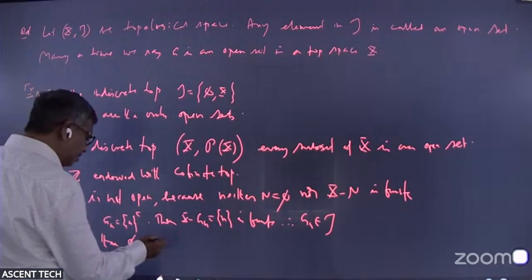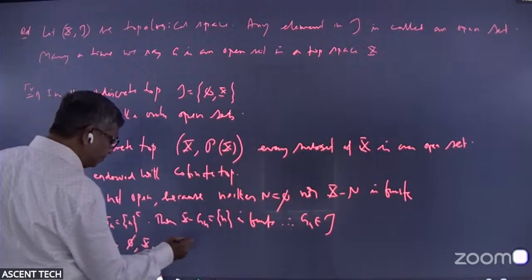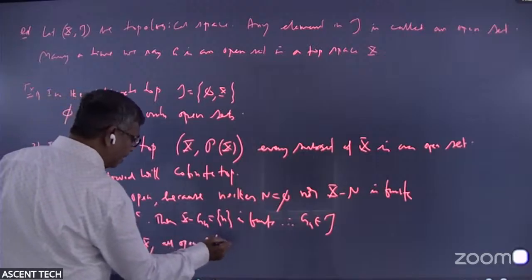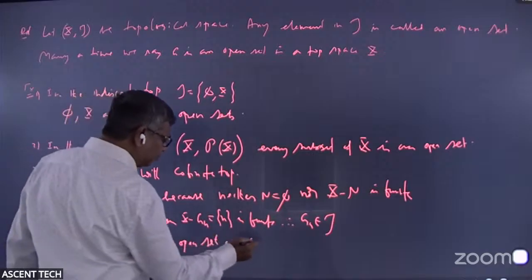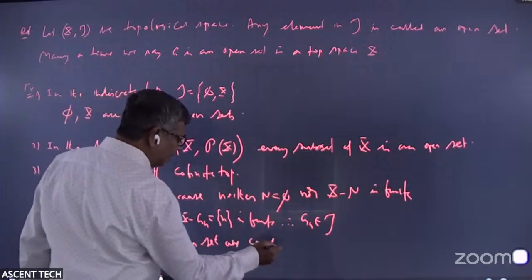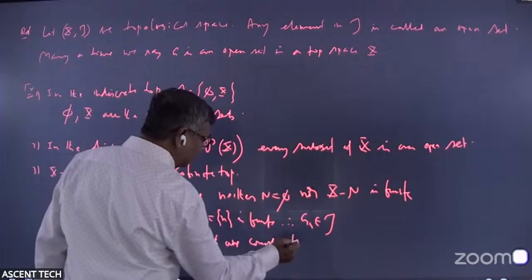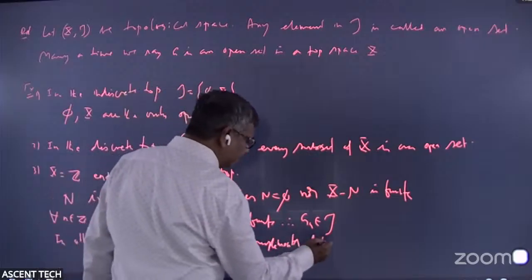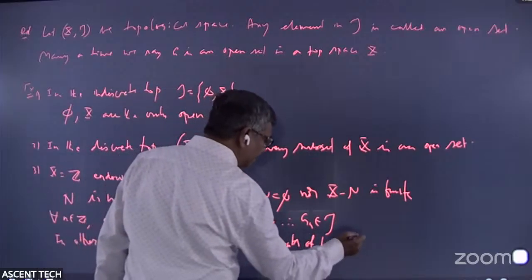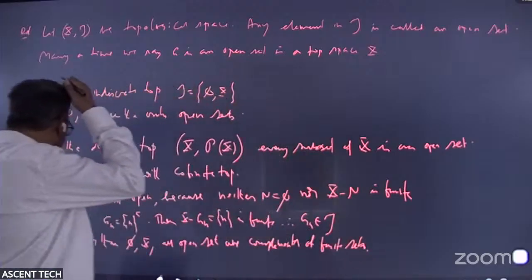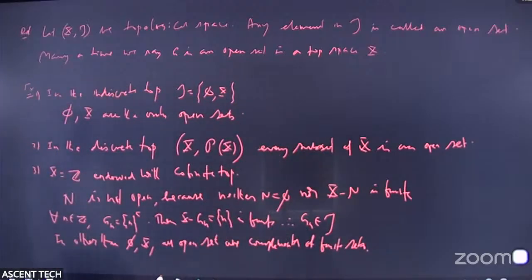All open sets are complements of finite sets only. Of finite sets. Okay, so that's what the cofinite topology is: the open sets in the cofinite topology.